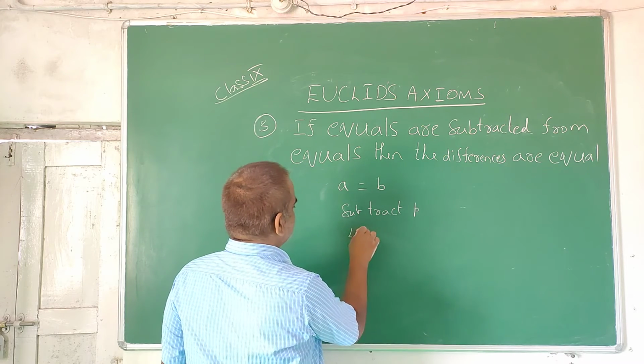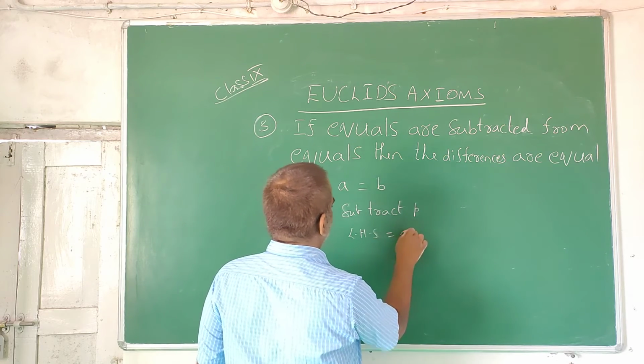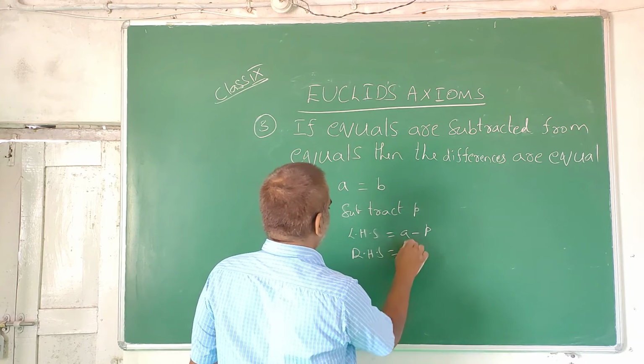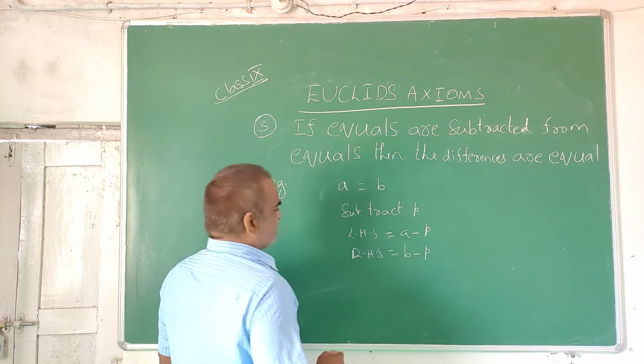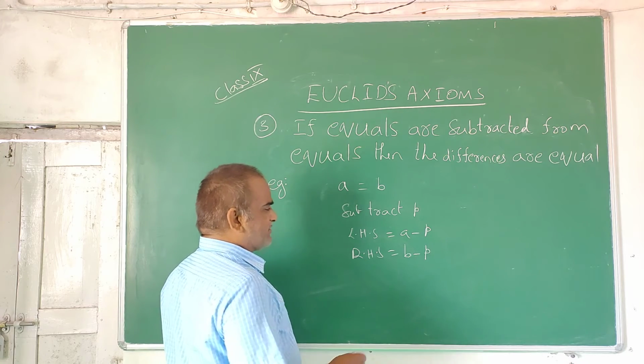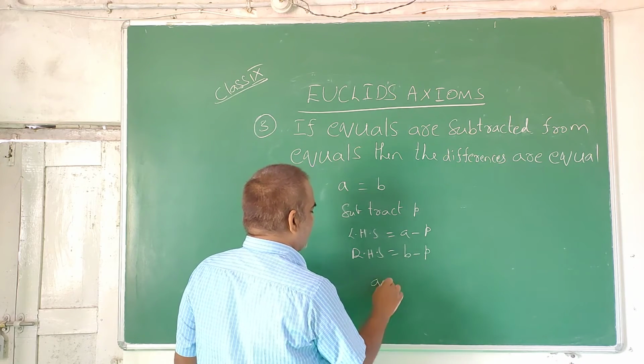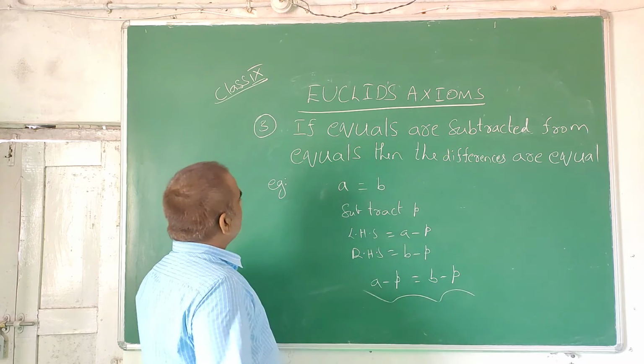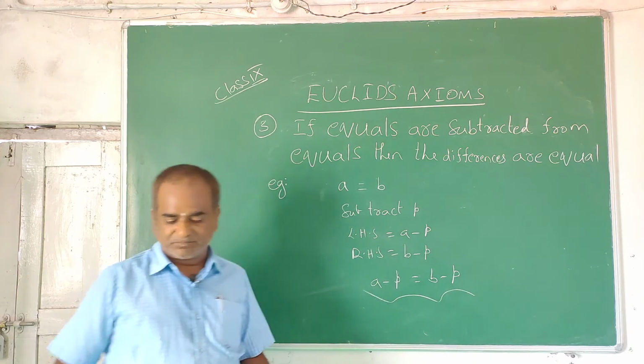Then LHS is A minus P, RHS is B minus P. So if equals are subtracted from equals, then the differences, what do you get? Those differences are equal according to Euclid's third axiom.